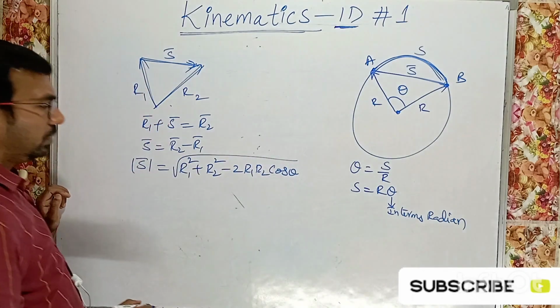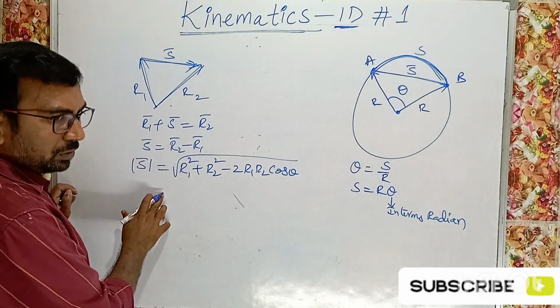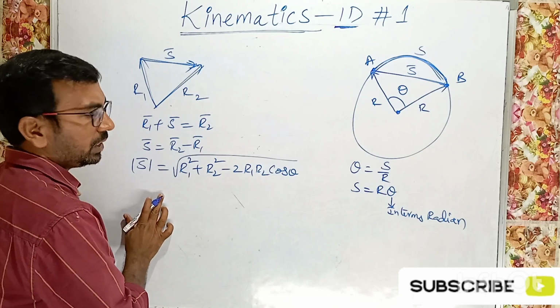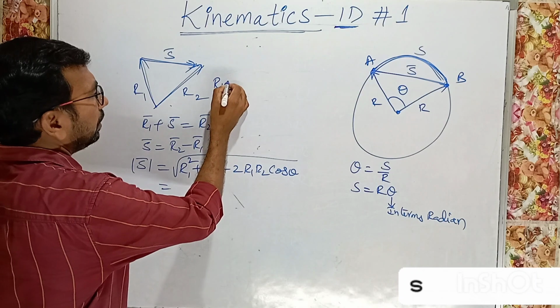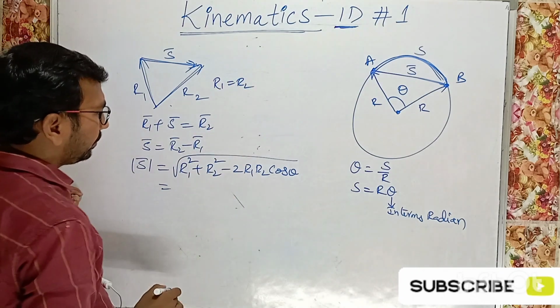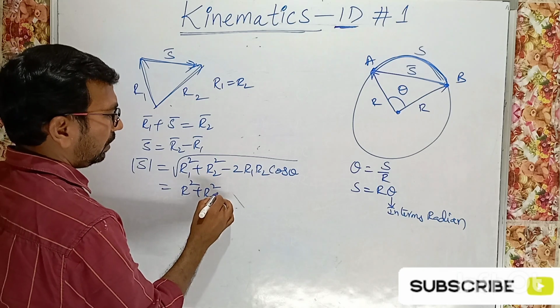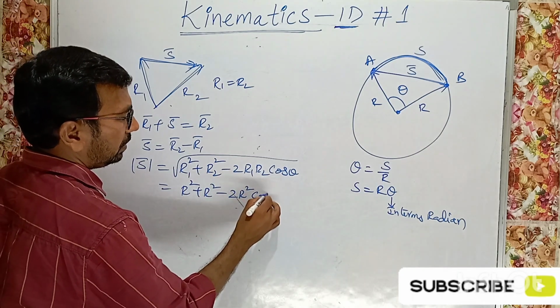Like the resultant of vectors, R square is equal to P square plus Q square minus 2PQ cos theta. Here r1 is equal to r2, so r square plus r square minus 2r square cos theta.